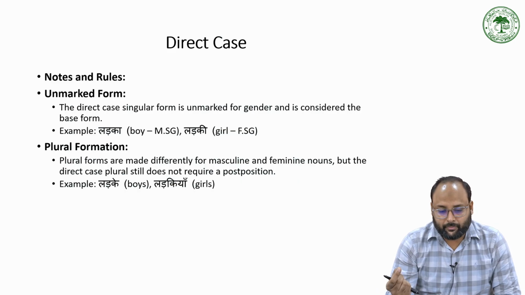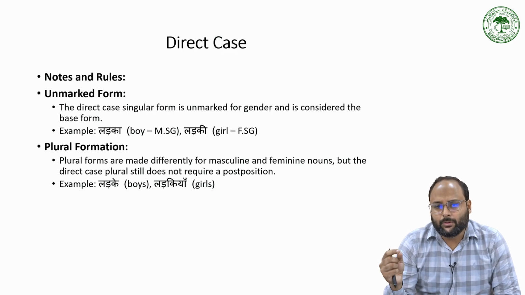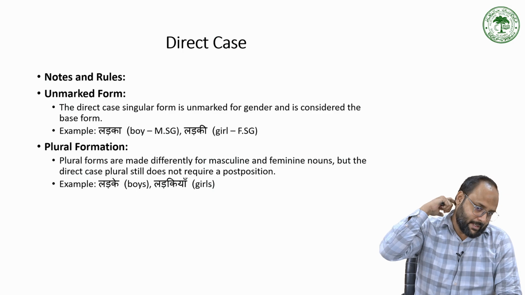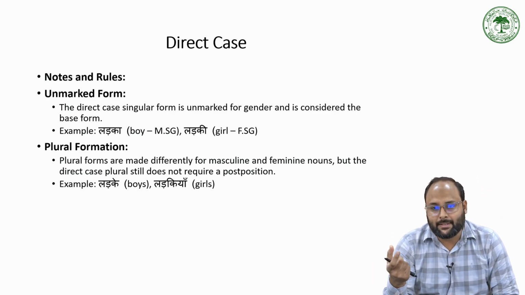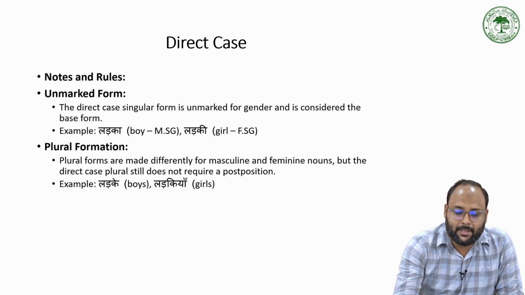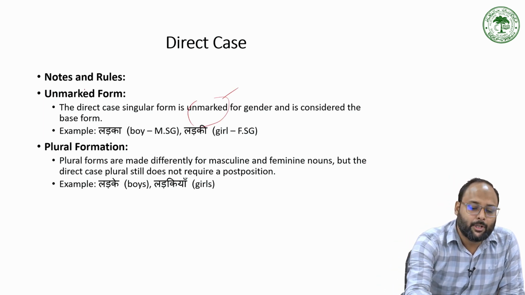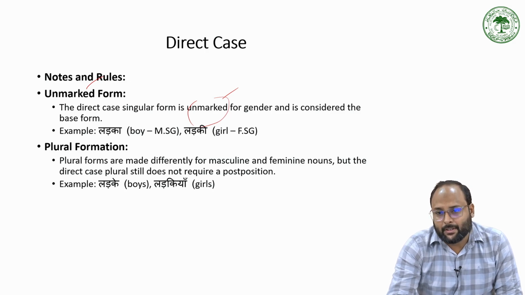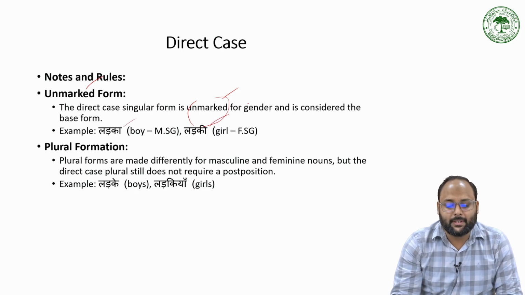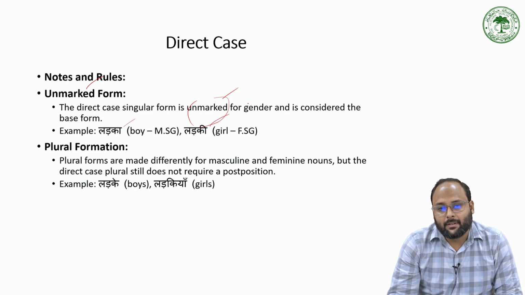There is something else. The direct case has no postposition. It is the unmarked form, but there could be some changes for gender, like from ladka to ladki. Like ladka खेलता है, लड़की खेलती है, so there is a gender distinction.